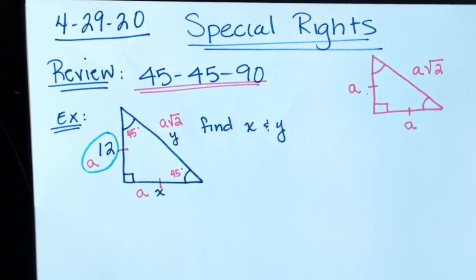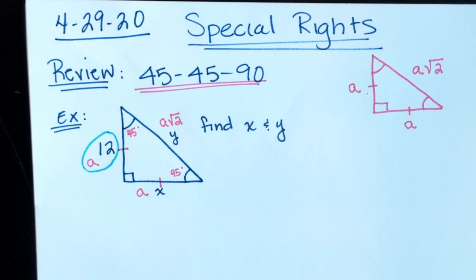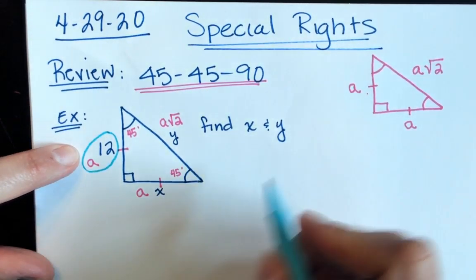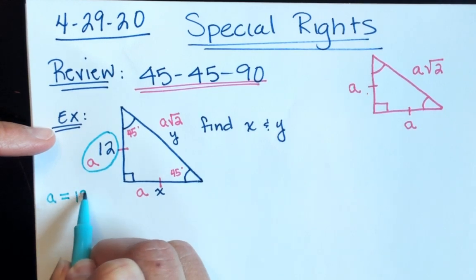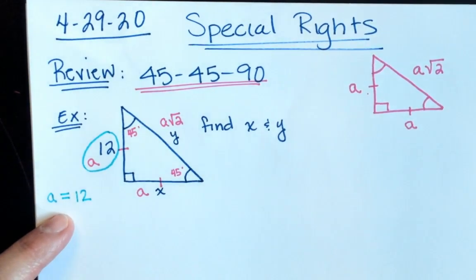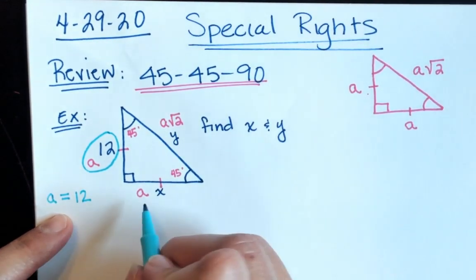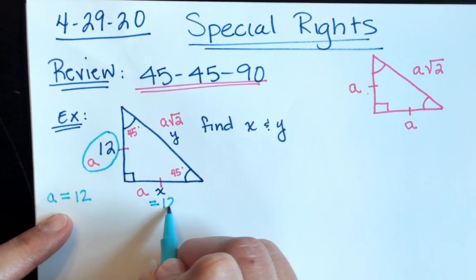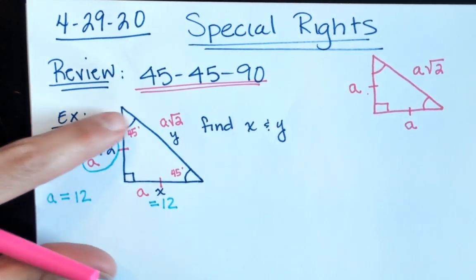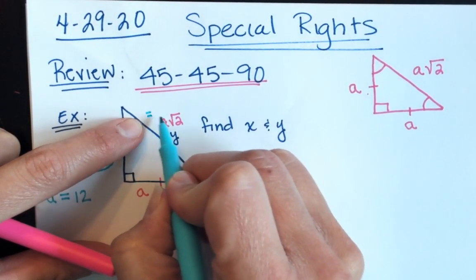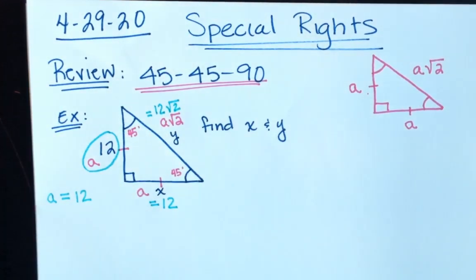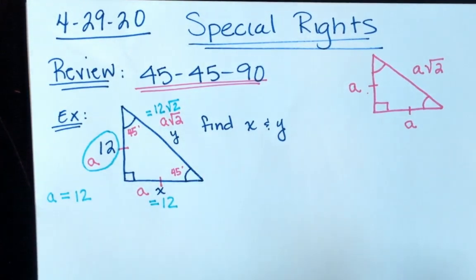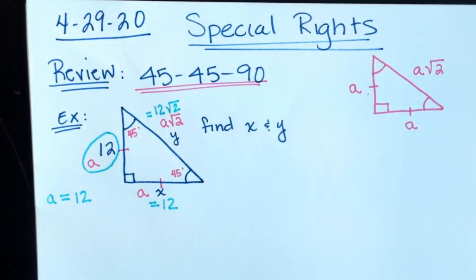That's that side. We have A and we have 12. We're going to take that and we are going to set them equal to each other. A equals 12. Now the nice part, there's no work to be done. We have already figured out what A is. So that means on this side, it's 12. And over here, we're going to plug 12 in for A and rewrite the radical 2. No work, because we've seen the pattern, we're going to fill it in.